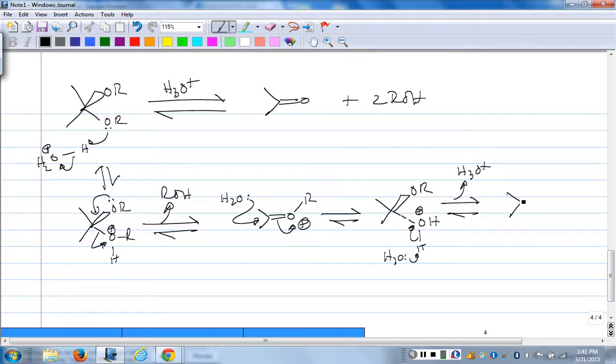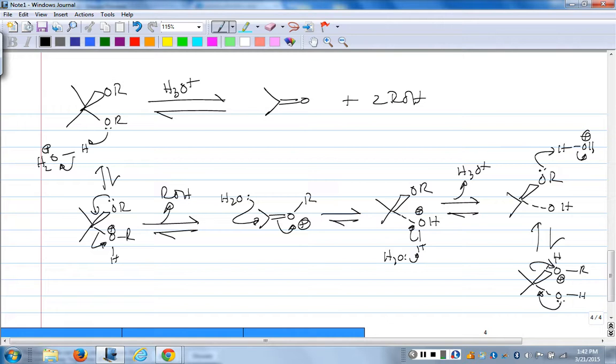If I have the hemiacetal, that species can now be protonated, and we will generate the conjugate acid. But that now leaves me with an alcohol, a good leaving group, 2 bonds away from a source of electron density. So I'm going to lose that species.